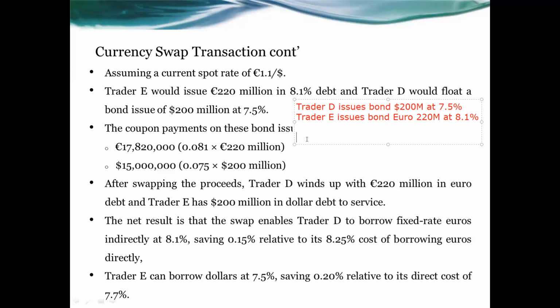Now, what is the benefit to trader E here? Both parties come into the swap agreement. So what is the swap agreement? Trader D will end up with 220 million euro debt. That means they are transferring their bond transaction.